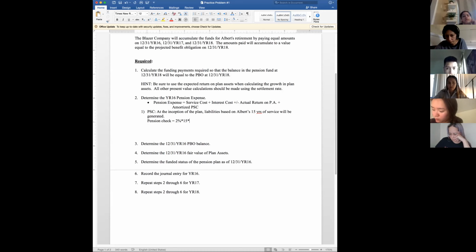I didn't give the number earlier, but the final salary, if we do 30,000 multiplied by 1.05 to the power of 3, that is 34,729. Therefore, the pension check based on Albert's 15 years of service is 10,419.